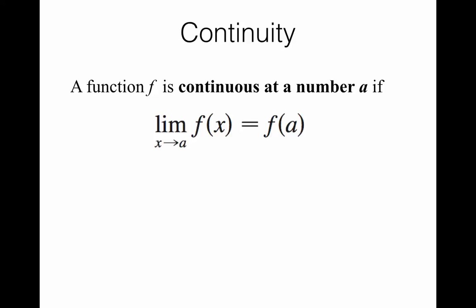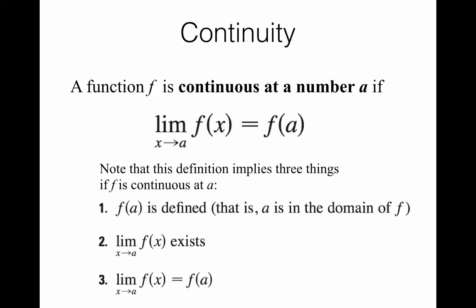So there are certain things that this definition implies. Intuitively, remember that a function is continuous at a point a if there are no holes and no breaks in the graph at the number a. But this definition implies three things. It implies that f of a is defined, that a has to be in the domain of the function.